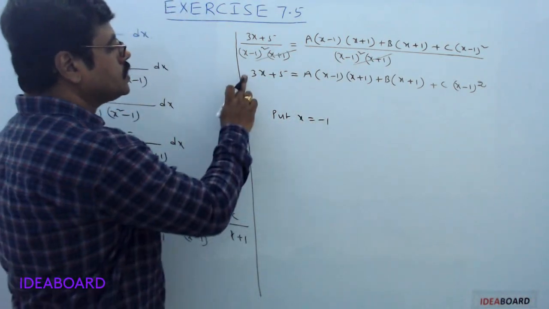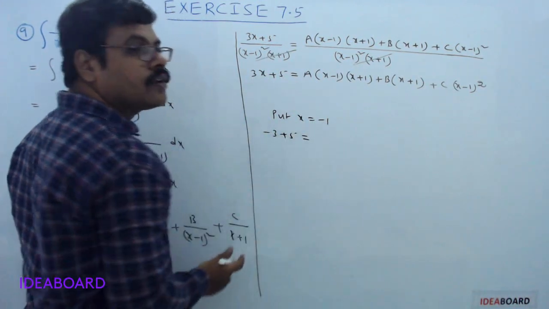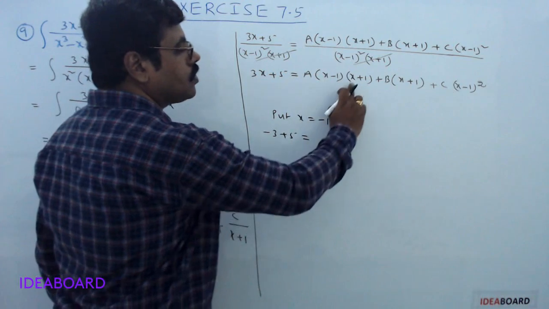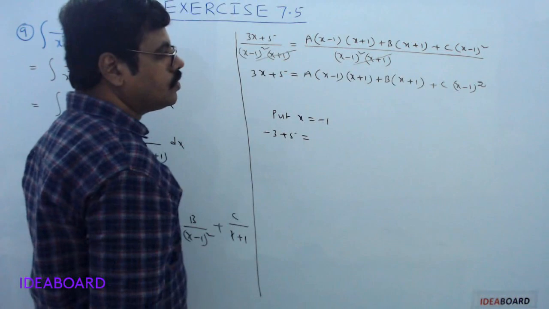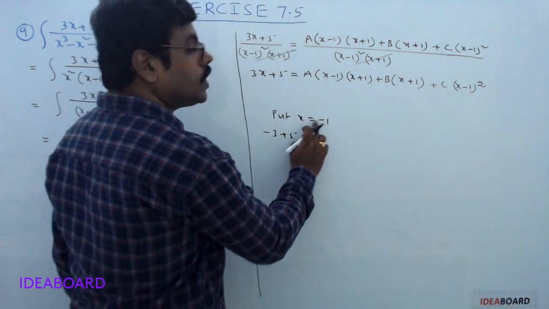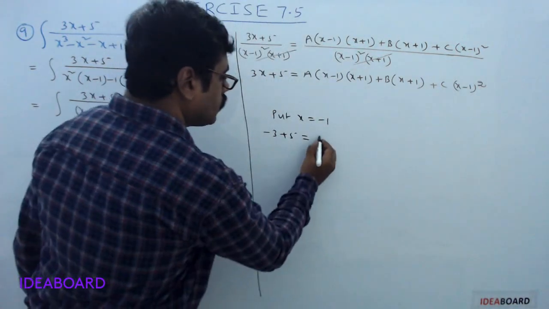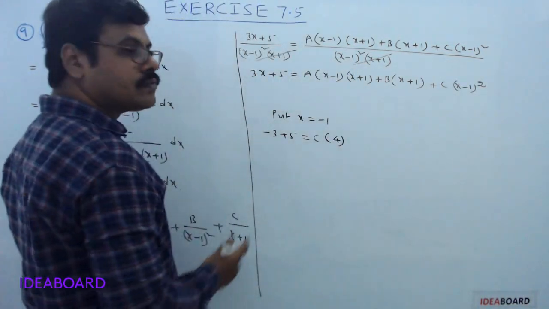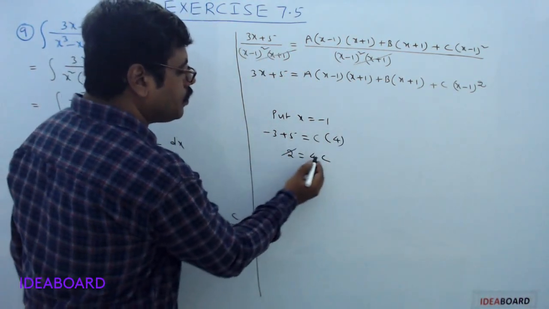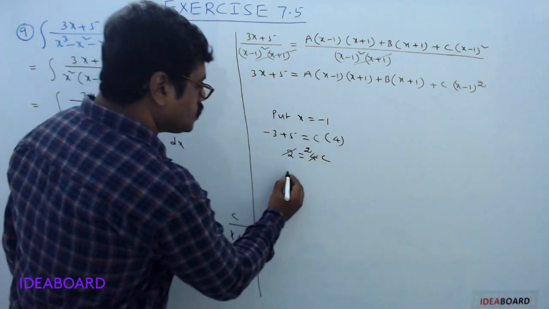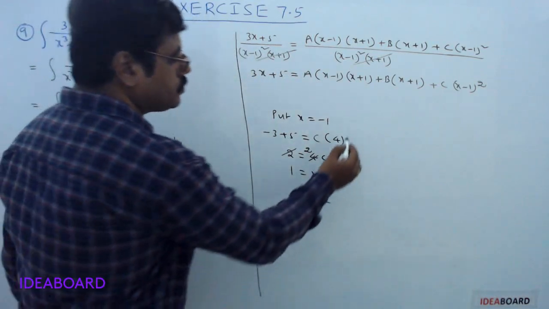Substituting x equal to minus 1, this is 3 into minus 1 minus 3 plus 5 equals, by substituting x equal to minus 1, this term value will be 0, this term value is also 0. So c into x value minus 1, minus 1 minus 1 minus 2 whole square, that is 4. 5 minus 3, 2 equals 4c. Now 2 will be cancelled in 4 two times. So this is 1 equals 2c. c value is 1 by 2.